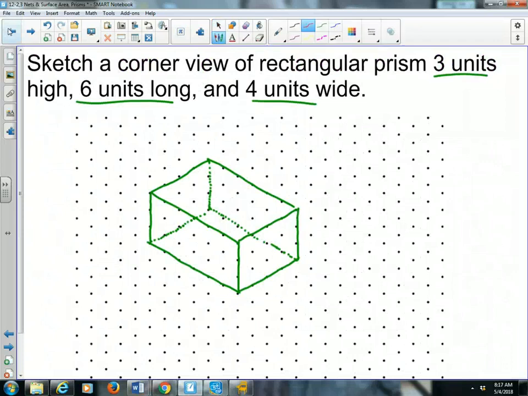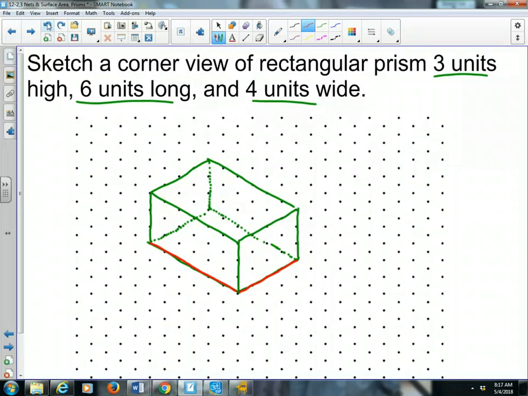So what I'm going to do here, class, is start with what I would consider the bottom of this box, the bottom of this prism. It's a 6 by 1, 2, 3, 4. This bottom surface is a 6 by 4. So I'm going to put that on my dot paper.